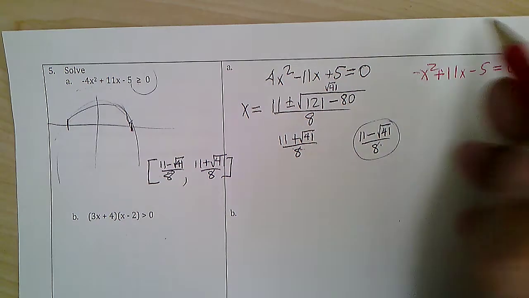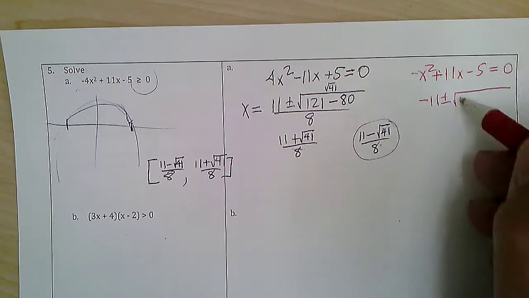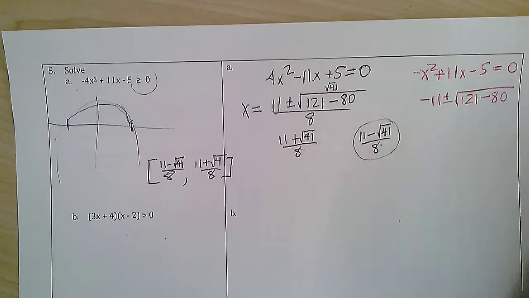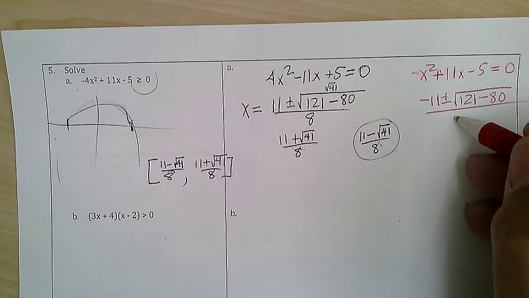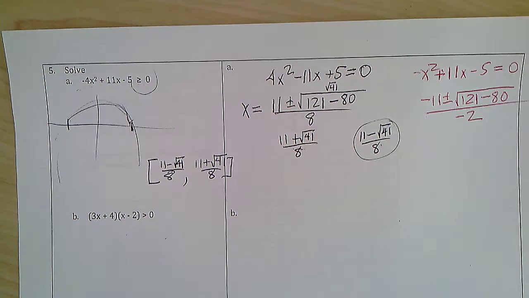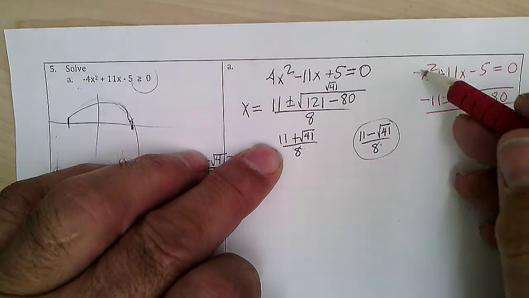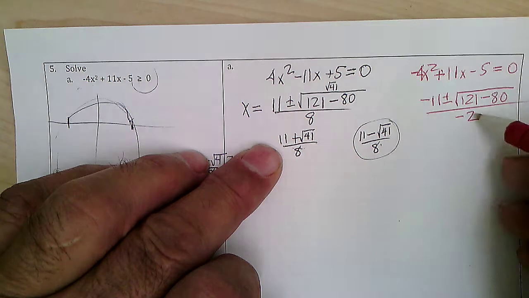If we do the quadratic formula, it's minus 11 plus or minus the square root of 121 minus 80. Same stuff happens in here. All over 2 times a, which is negative 2. So we got negative 11, this is 4x squared, so this is negative 8.